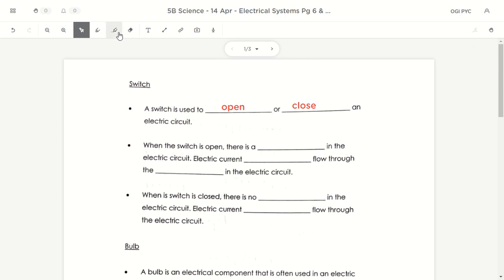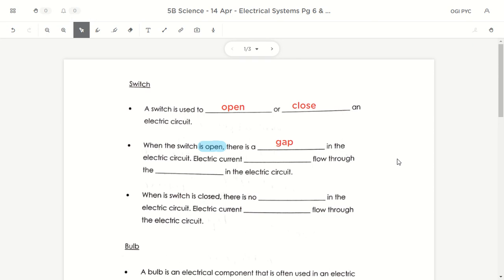Okay, so when a switch is open, let's highlight this. So when the switch is open, there is actually a gap in the electric circuit. Okay, later on you will see the gap in the lesson for today, which is open and close circuit.